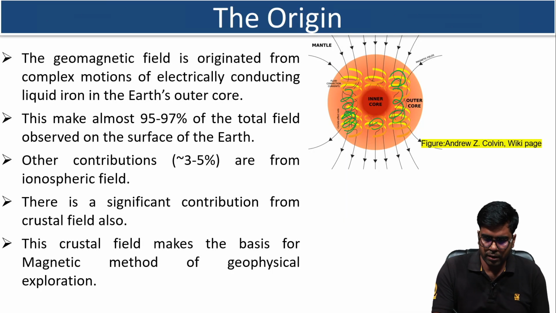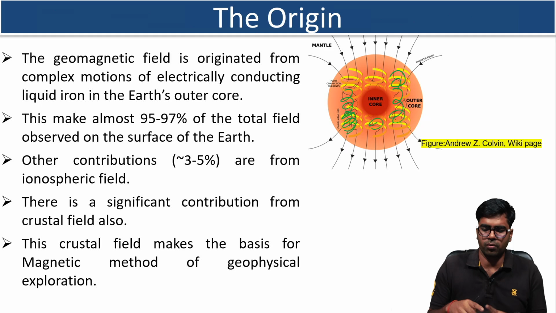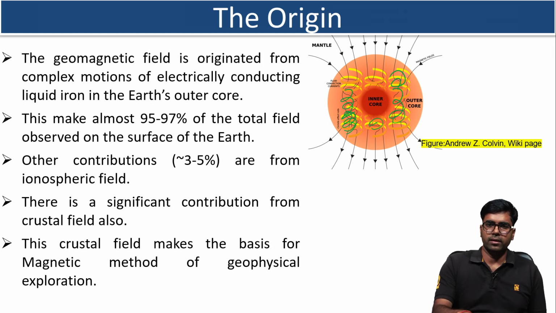As I was saying, these current loops cause the magnetic field which contributes to the global field. Of the total field observed on the surface of the earth, 95% to 97% is contributed by this outer core field, and some 3 to 5% is contributed by the ionospheric field.